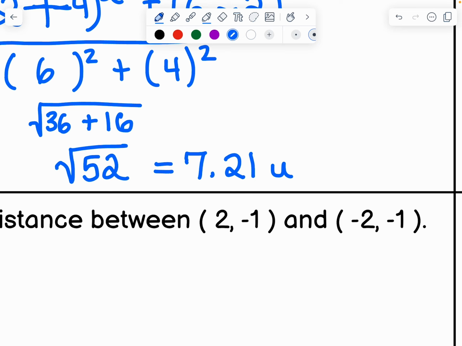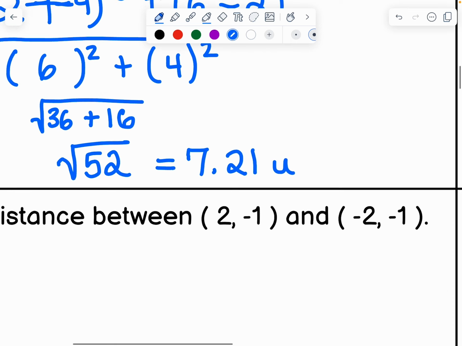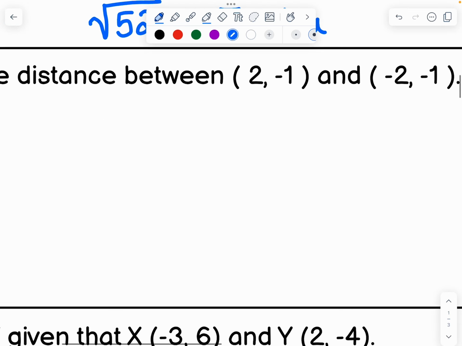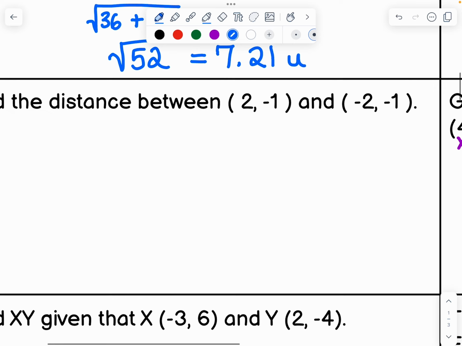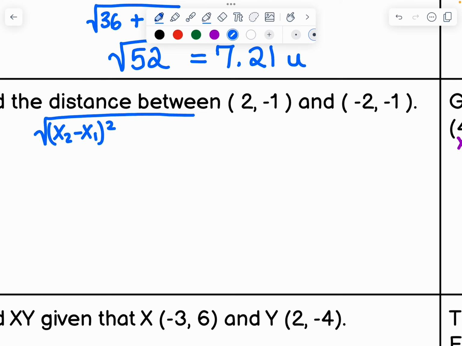All right, find the distance between these 2 points. So our distance formula, let's rewrite it. Our distance formula is x2 minus x1 squared plus y2 minus y1 squared, and then we take the square root.